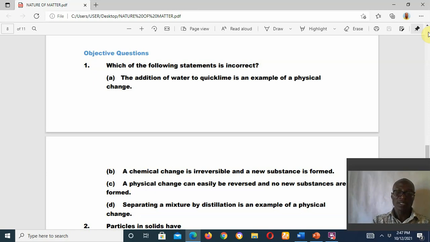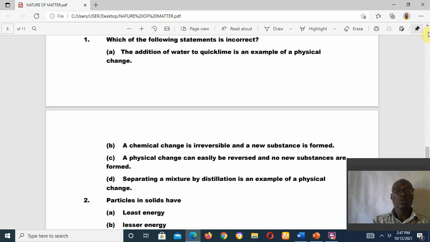Go through, pick your options, and at the tail end of the whole lecture, answers are provided. So go through based on what you have just been taught and pick the correct option. For you to know whether you are right or wrong, at the tail end of the whole notes or exercise, the answers are provided.